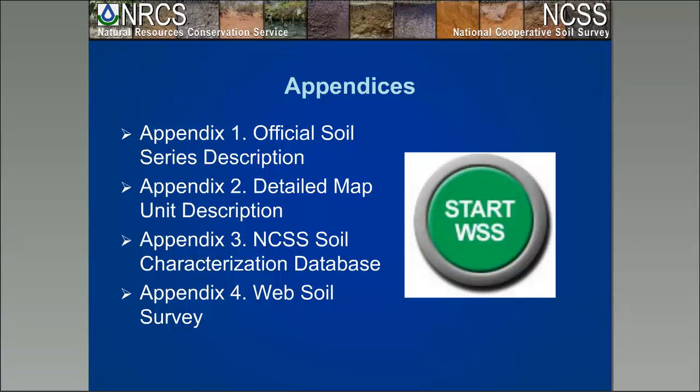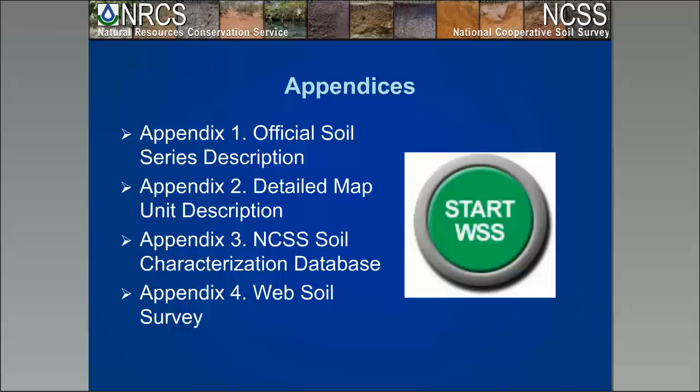Appendix 4 is the web soil survey itself. It kind of walks you through accessing it and some of the various ways that information is displayed, both in a map of soil map units, the traditional thing that you've probably seen plenty of, the thematic maps of either soil properties or soil uses and limitations are included. Then, of course, you have your tabular data.